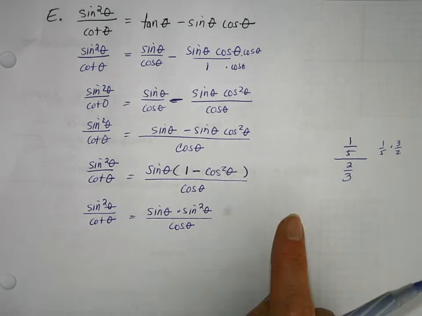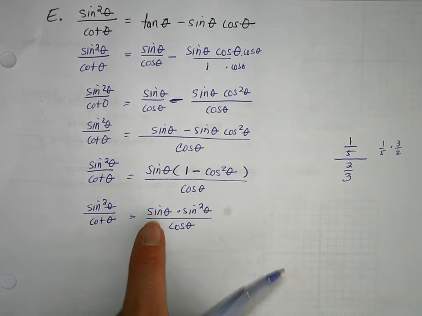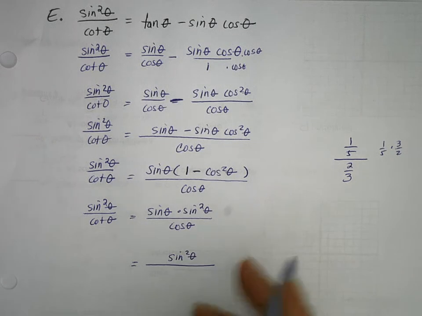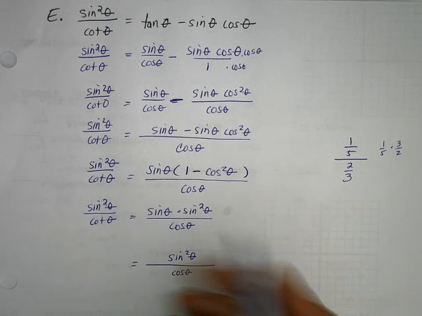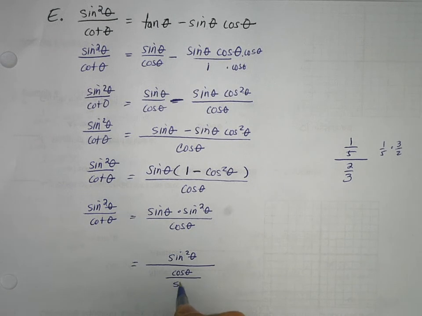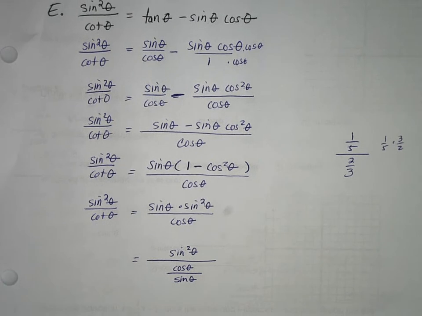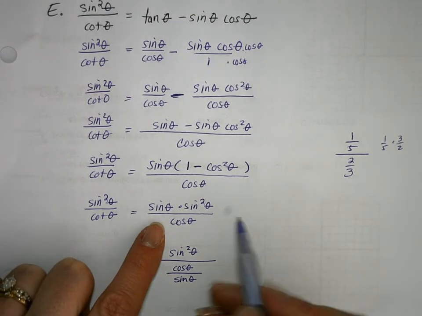Now, right now, in my numerator, I am multiplying by sine. Is it not true then that I will divide cosine in the denominator by sine? Okay, let's walk through that a little bit slower.